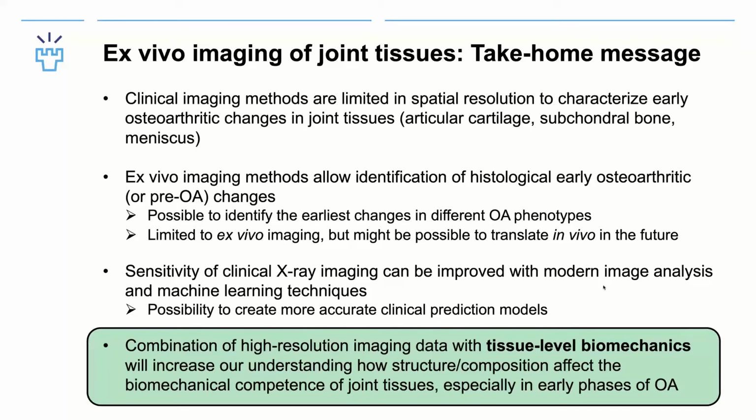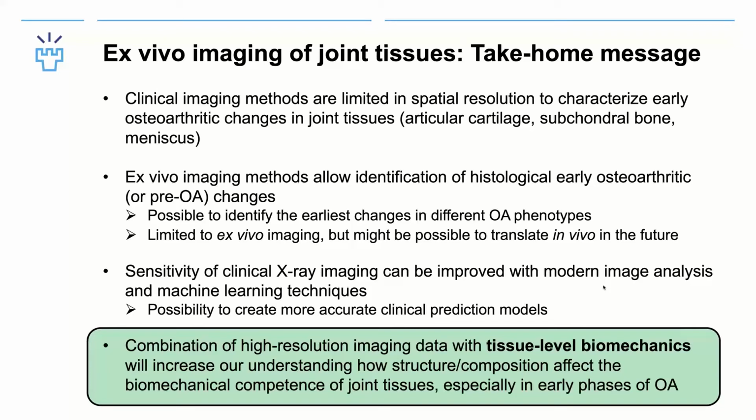We also learned that ex vivo imaging methods allow identification of histological early osteoarthritic, or in some cases we could even talk about pre-osteoarthritic changes, because that's actually a very nice philosophical question. When does osteoarthritis start?